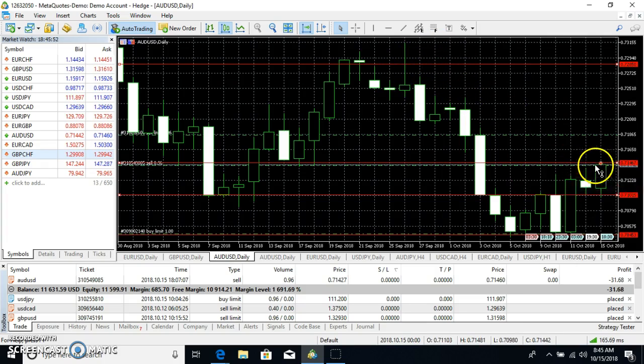If you're going to get in here for a sell position, because it's playing this area, you want to make sure that you do a stop loss around this area, 0.7208 or 0.1.